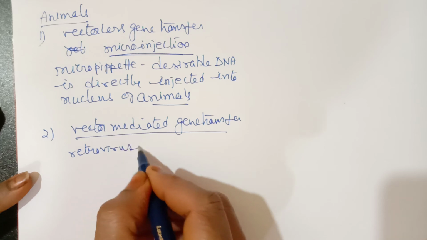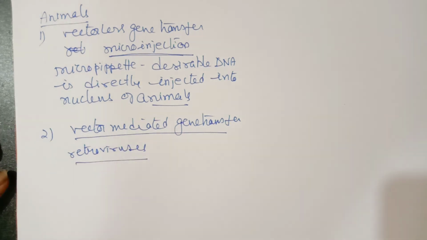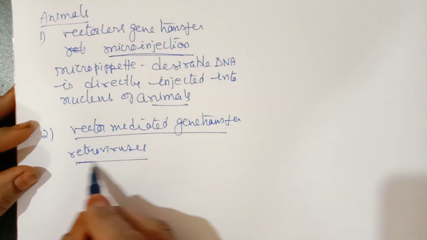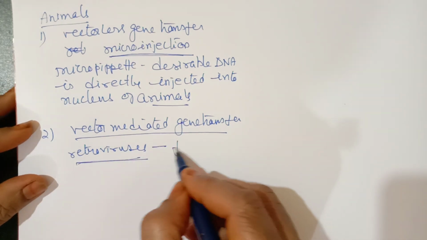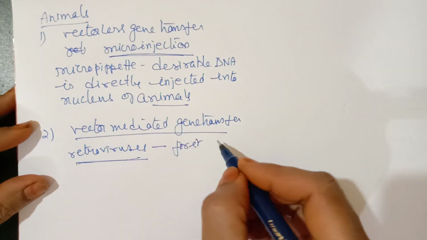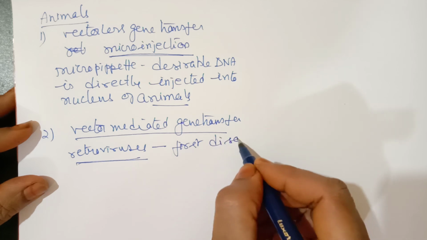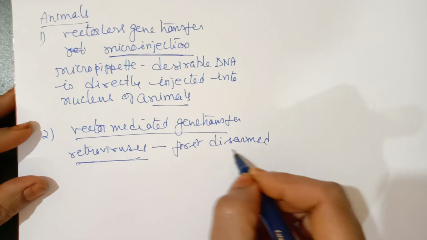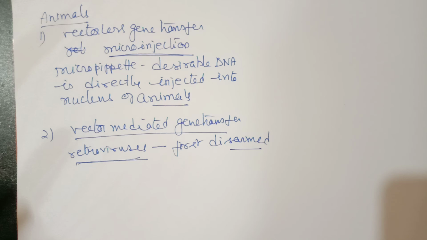Retroviruses are RNA viruses, and they can be used as a vector. Similarly, as we have done in the case of Agrobacterium, here also these retroviruses are first disarmed. That means their pathogenic gene is removed.